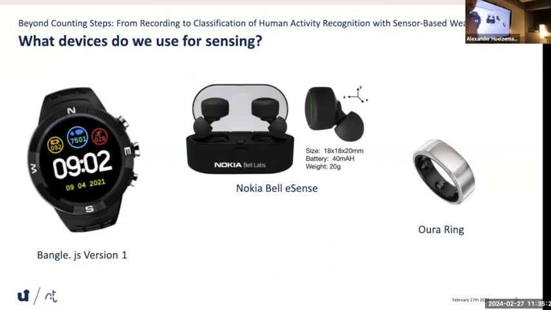I know that people also work with devices like the Oura Ring, but there are actually no limits. I know that there was, for example, a shoe released a couple of months ago by Adidas with a wearable sensor. There are armbands, there are headbands, so there are actually no limits as long as you can equip it with a sensor.